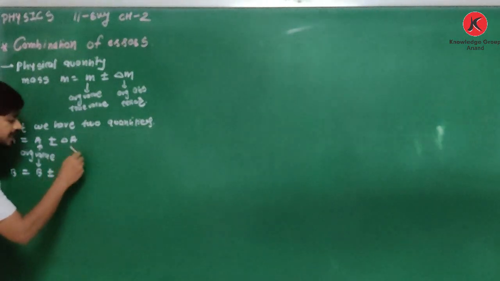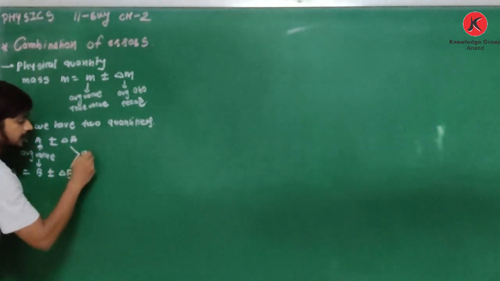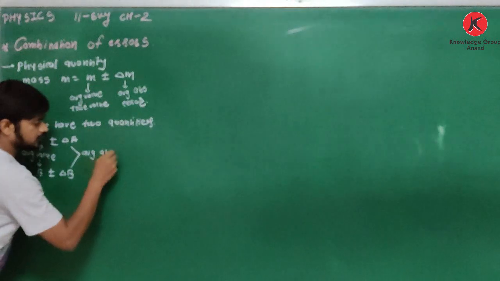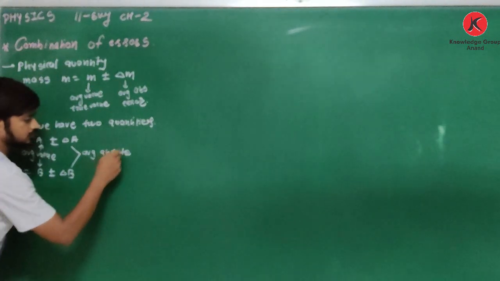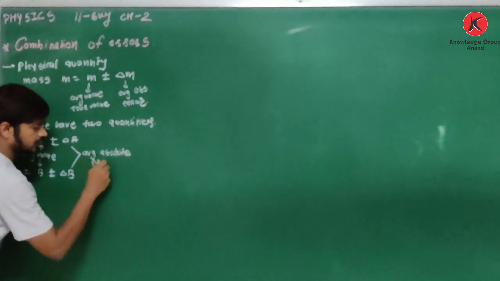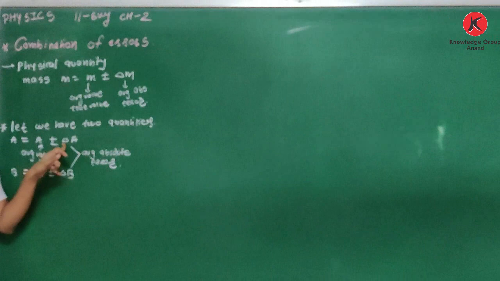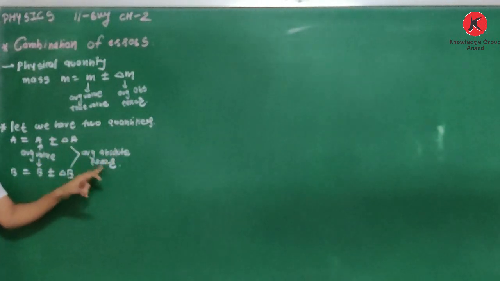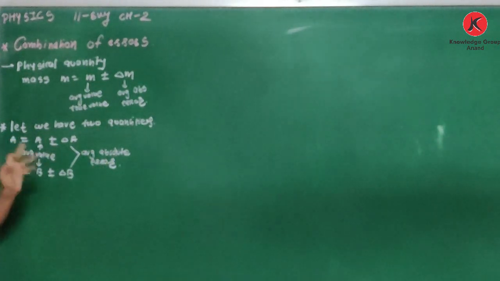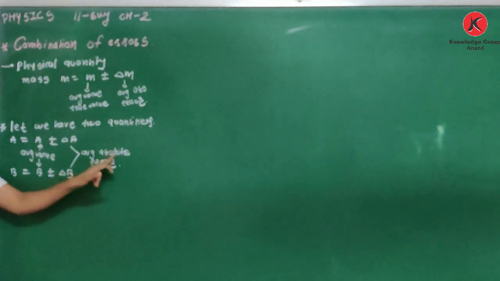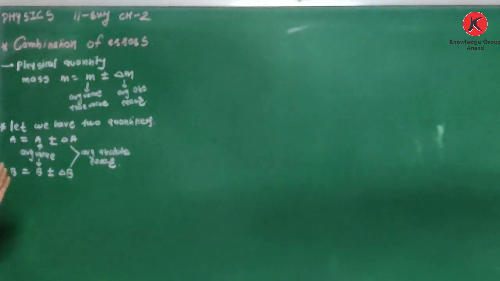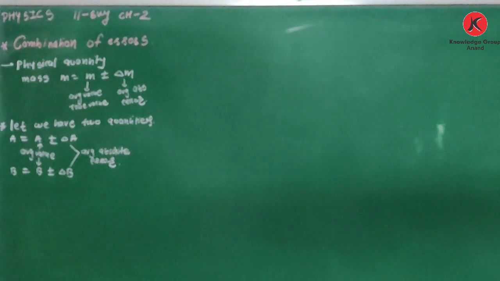While this delta A and delta B are called average absolute error. So if I ask what is delta A? Delta A is the average absolute error in quantity A. Delta B is the average absolute error in quantity B. Clear about this? You have to remember each and every term.